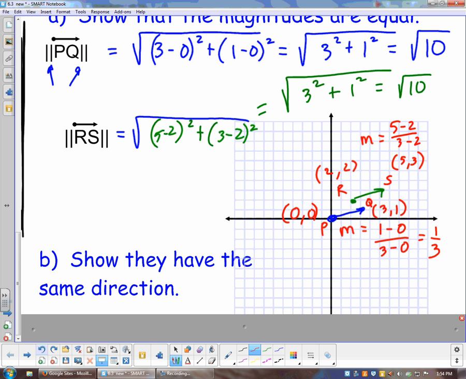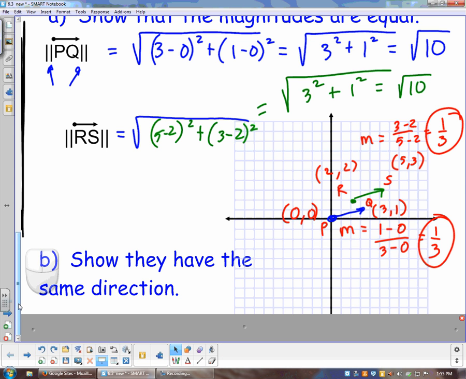I did it the wrong way, difference in x's over difference in y's, but you all caught that, I'm sure. 3 minus 2 over 5 minus 2 does give me 1 over 3. So the vectors have the same direction. Since they have the same length and the same direction, we prove that the two vectors are equal.